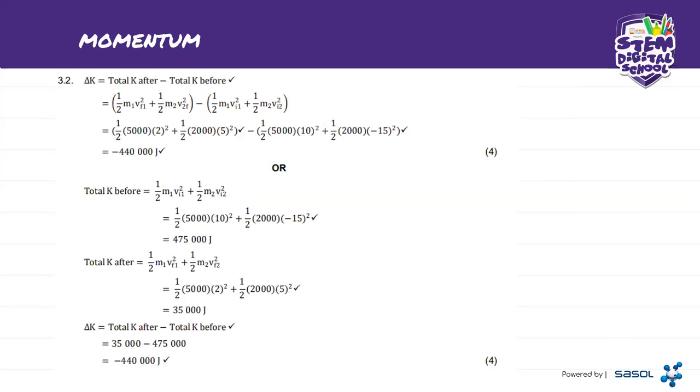But in this case, you need to know it as well. So this is your change in kinetic energy, the total kinetic energy after minus the total kinetic energy before. So the total is going to be the sum of the two, right? But do not forget your signs, guys. Whatever you've made positive, make sure that you make it positive here as well. Do not forget that part.